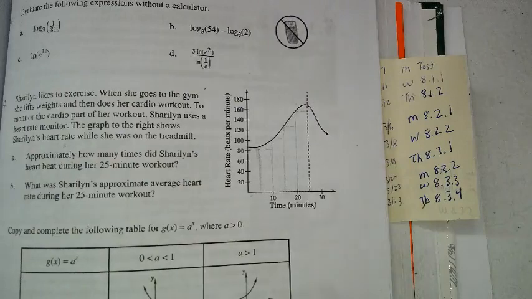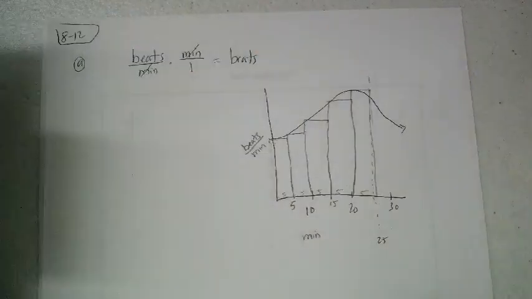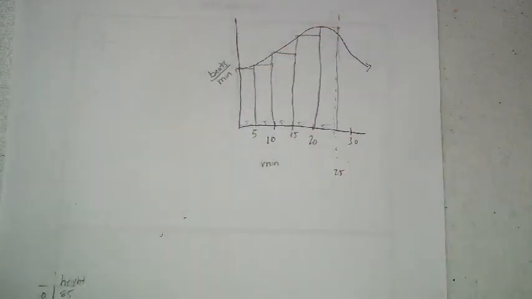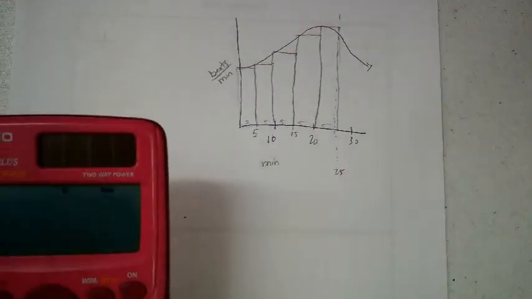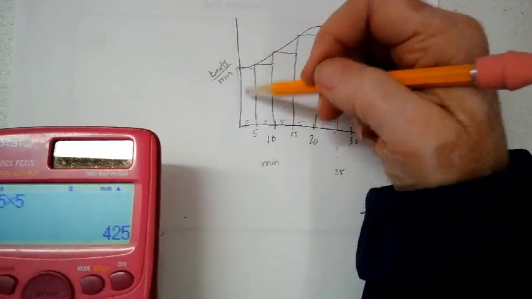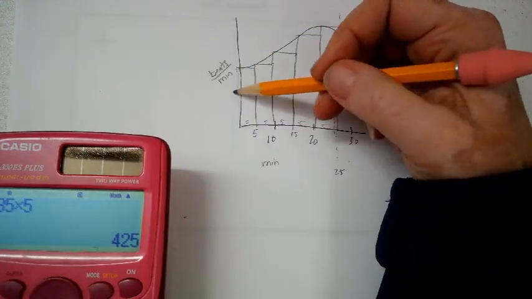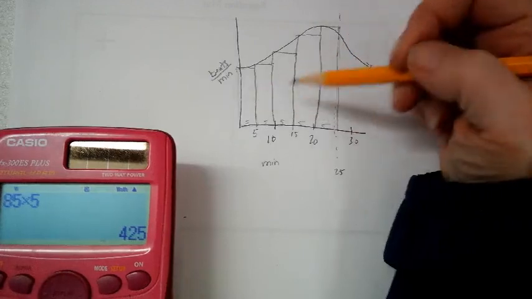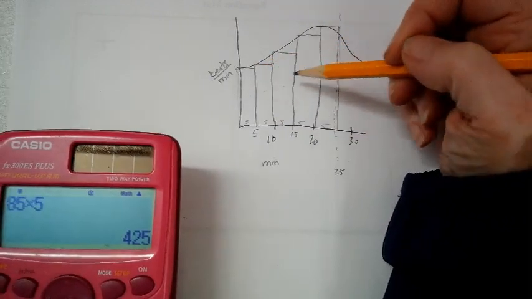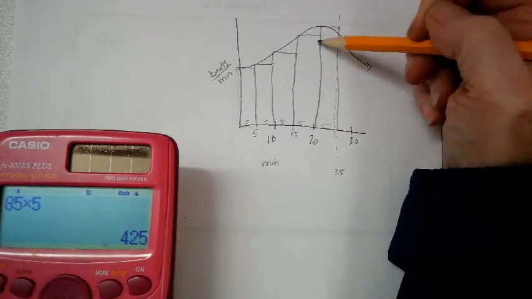Instead of doing all the calculations, like 85 times 5 is 425, I could just write 5 times 85 and 425, and put all the numbers in there, and that would be nice and tidy.